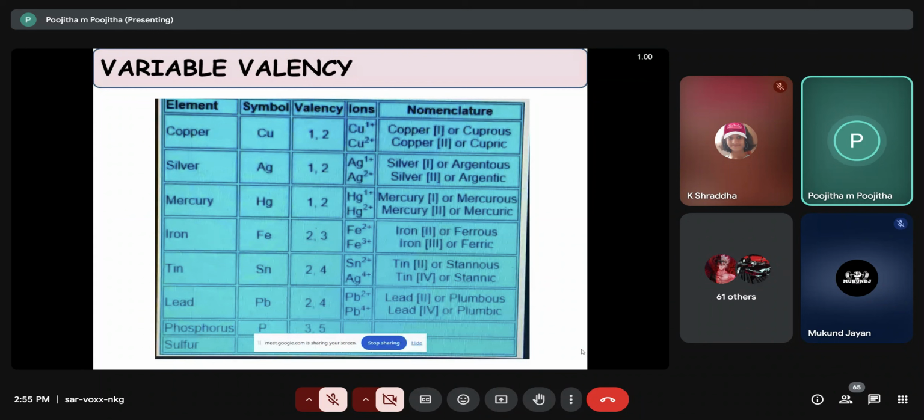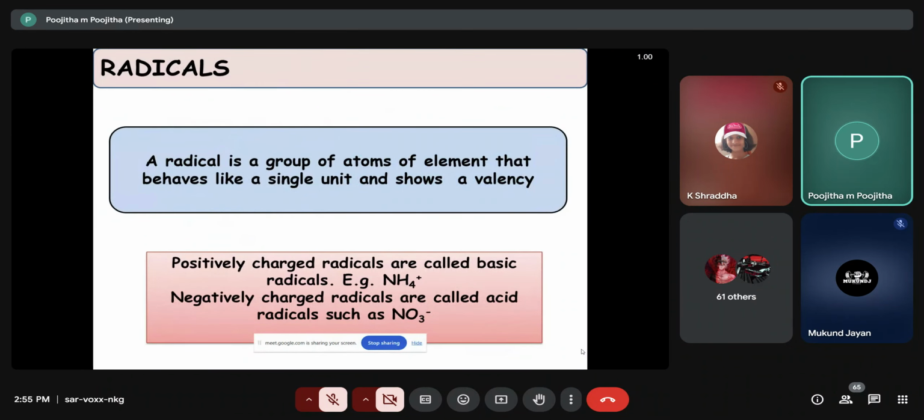Now, what is a radical? Go through. Positively charged radicals are also known as basic radicals. Negatively charged radicals are also known as acidic radicals or acid radicals. It was there in your 7th standard. Do you remember, children?